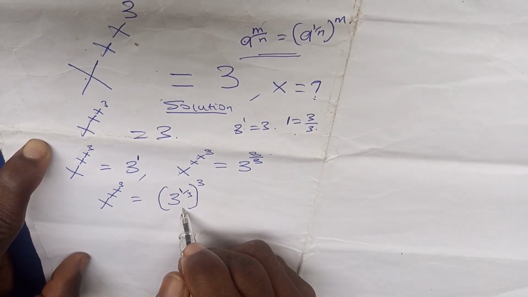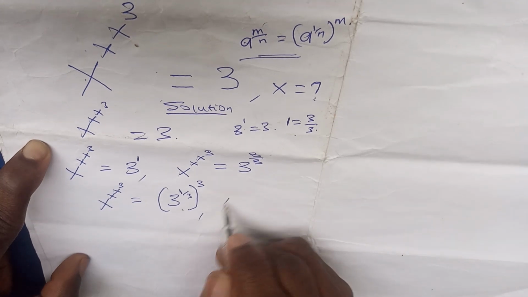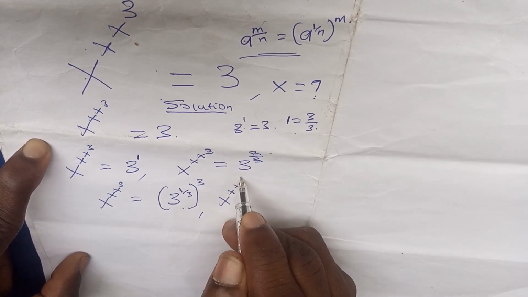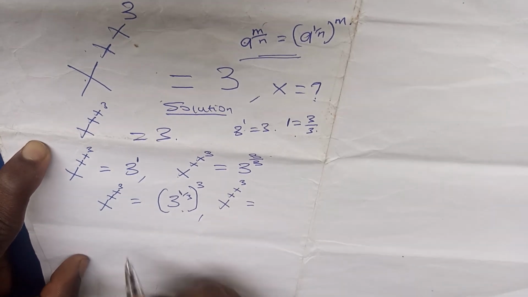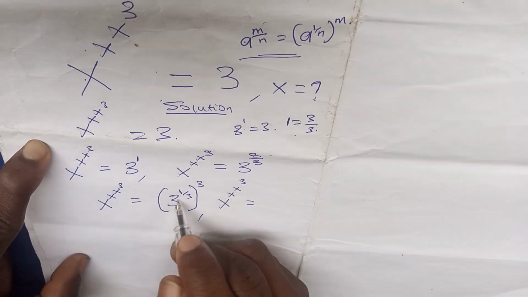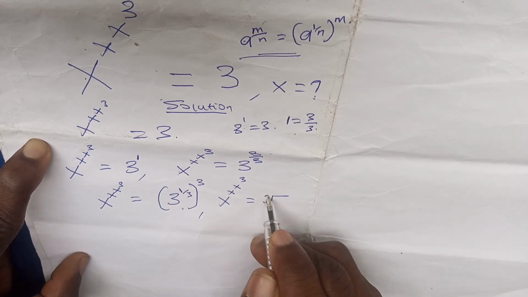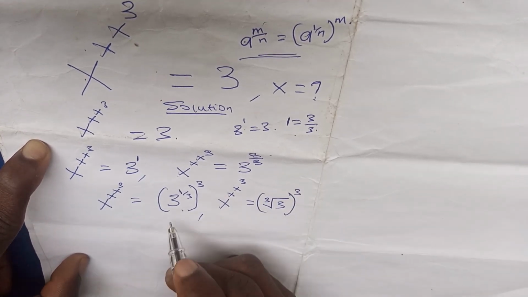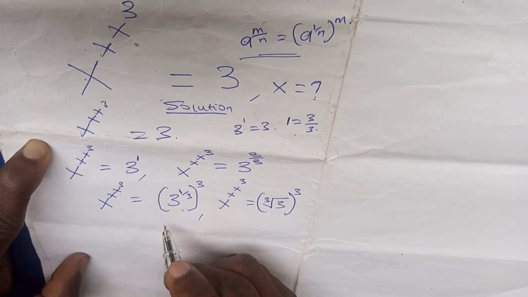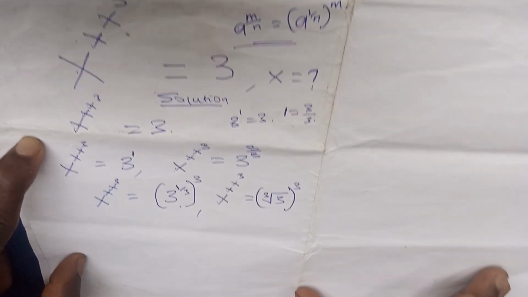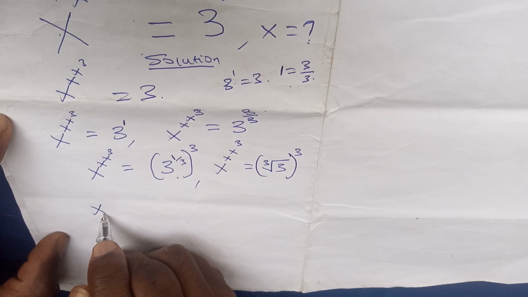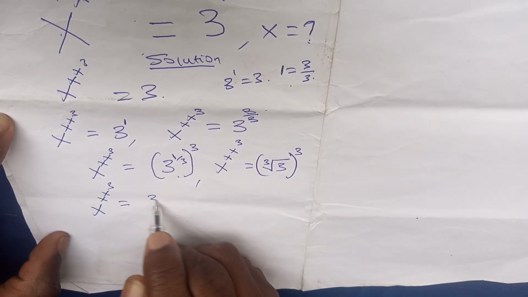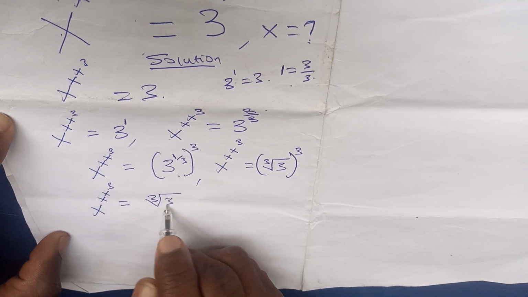So we can have this as x to the power of x to the power of x to the 3 is equal to the cube root of 3 all to the power of 3. It still remains the same. Okay, we now have x to the x to the x to the 3 is equal to the cube root of 3.